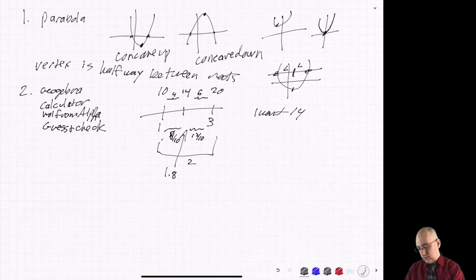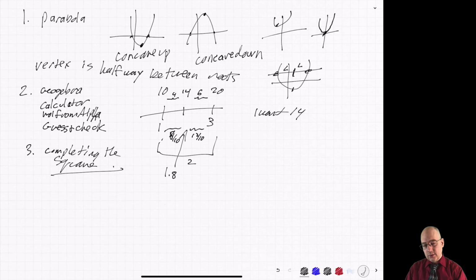There's also what I might call the completing the square method. So my take on it, and there's a variety of different ways of doing this, but let's say we've got 3x squared plus 5x plus 7, and we want to set it equal to 12.